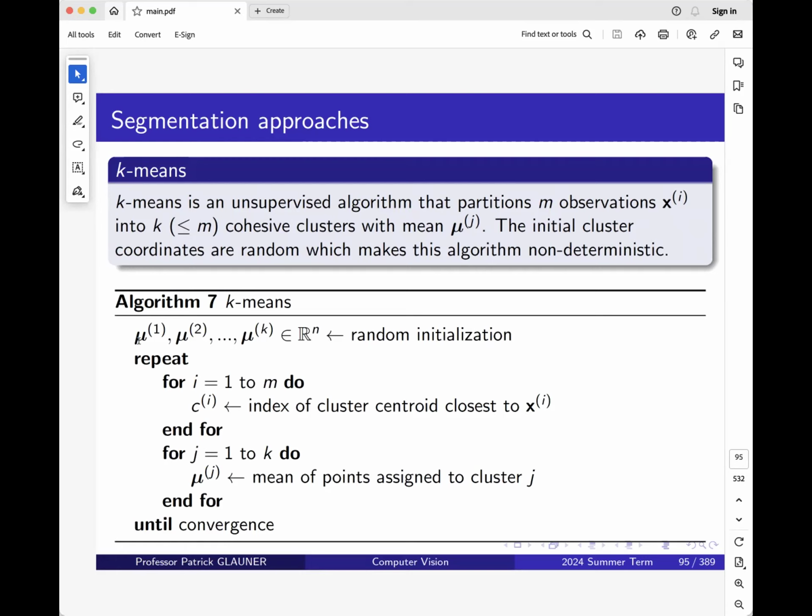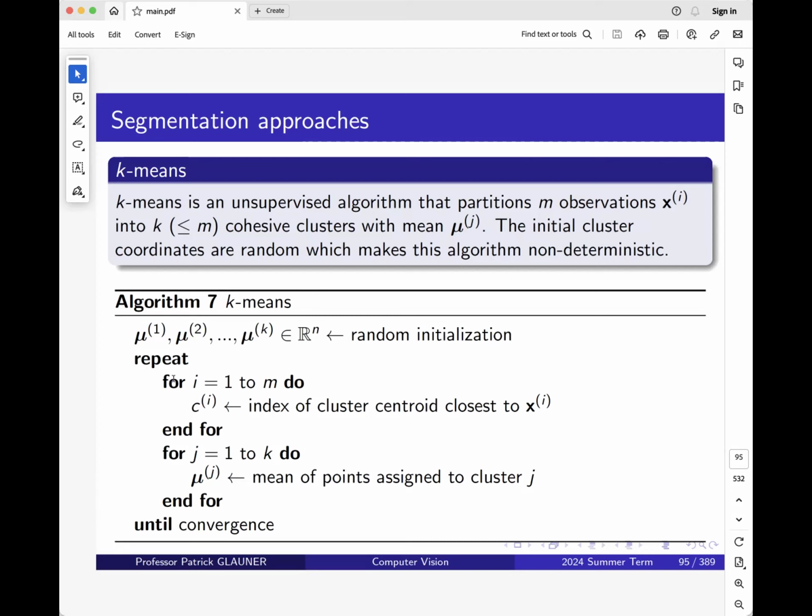And what we have is, we want k-many clusters, and each cluster has a center or a mean, which we call mu, and there are k-many ones, and it's a vector because, again, our data points may be multi-dimensional, so is the mean then. And we do a random initialization, so they are somewhere in our data space. And then I'm doing an outer loop until convergence. And in the outer loop, there are two inner loops that follow sequentially.